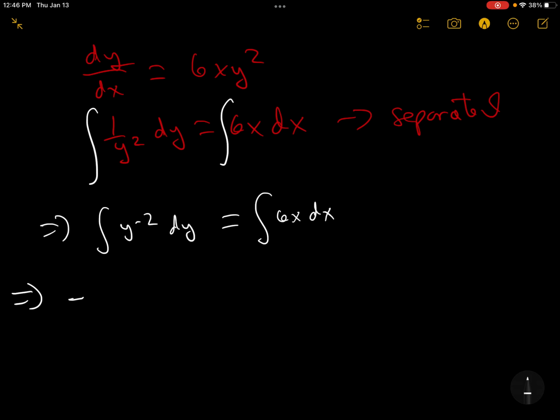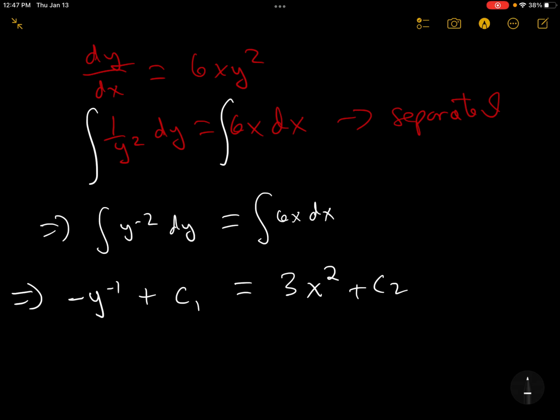When you integrate the left, you get minus y to the minus 1 plus c1 for that constant of integration. And this equals 3x squared plus c2, because you integrate the x, you get x squared over 2, and that cancels out.